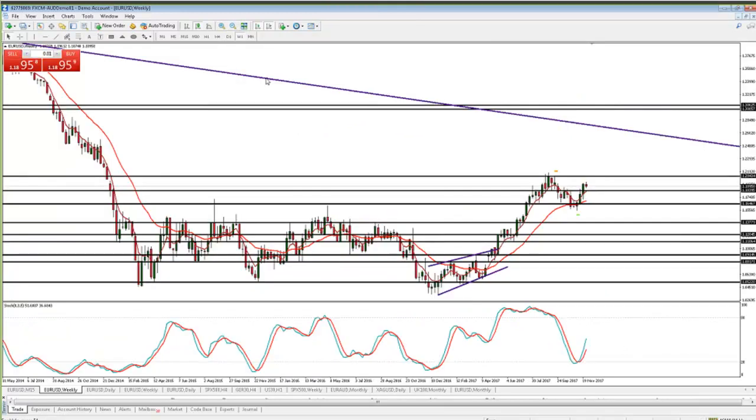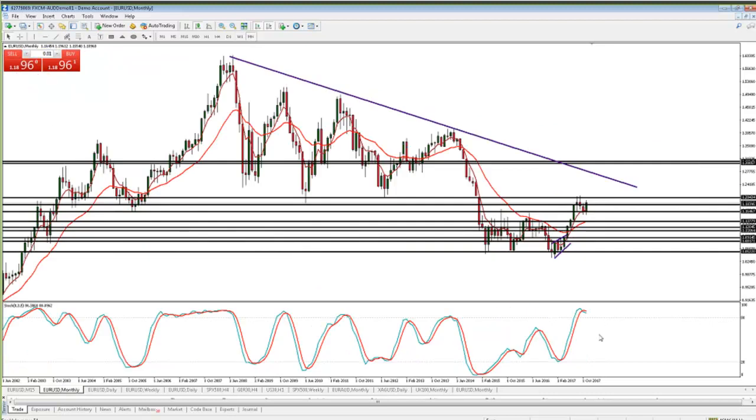Anyway, here's our euro. Stochastics pointed up a little bit. Let's go back to that monthly. Monthly is kind of at the top.